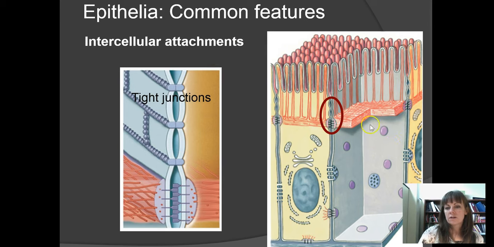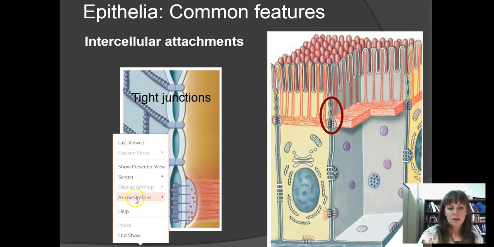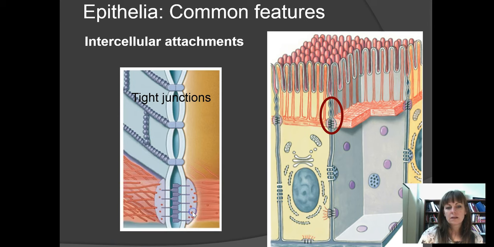If you notice up here, these are what's called a tight junction. Let me explain this figure here. This is the membrane of one cell, and then over here is the membrane of the other cell. You notice those membranes at these places are locked up tight next to each other.